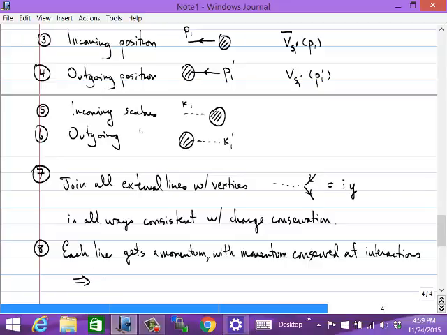What this means is that in a tree diagram, that is to say a diagram with no loops, all of the momenta will be determined by momentum conservation.